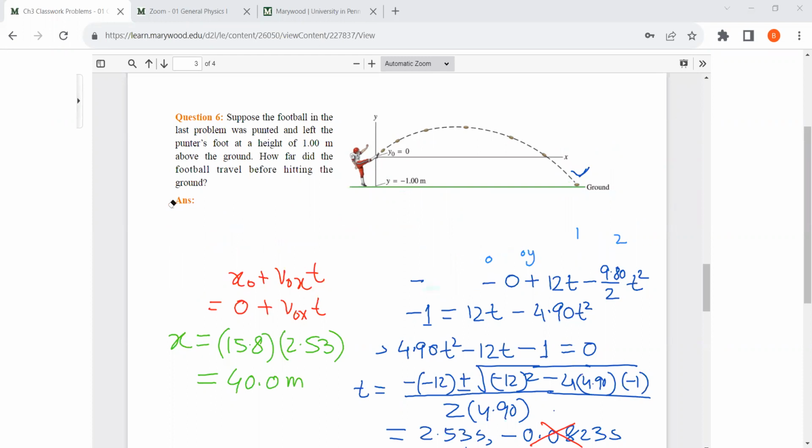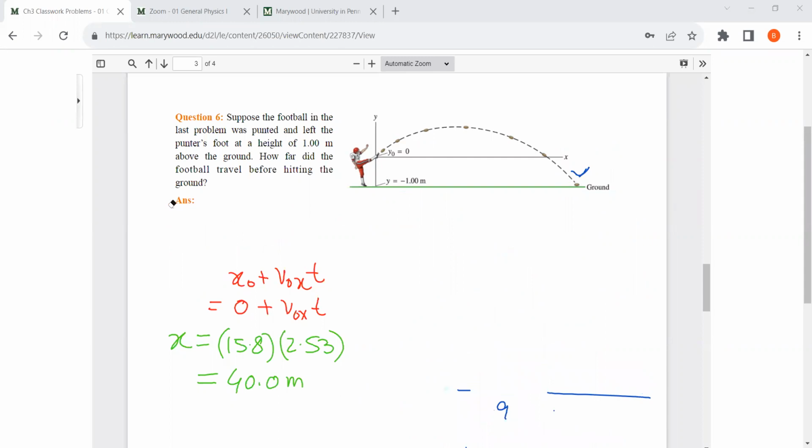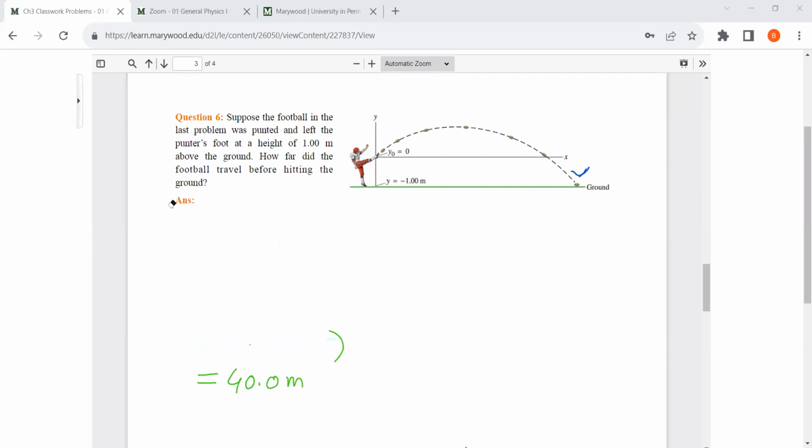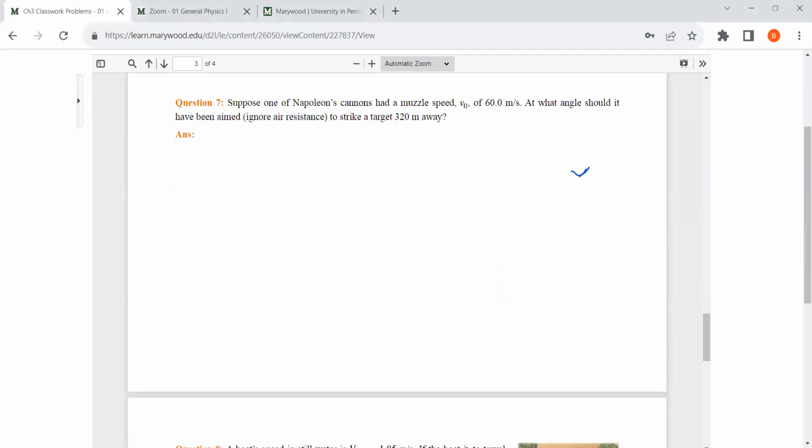So let's move on to the next problem. The next problem tells us that suppose one of Napoleon's cannons had a muzzle speed of 60 meters per second.